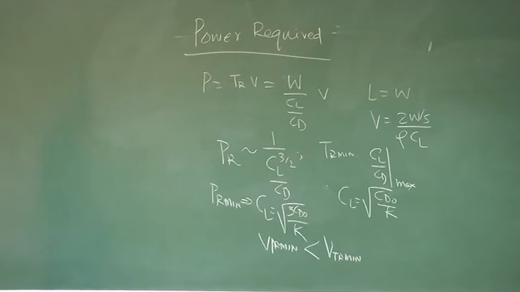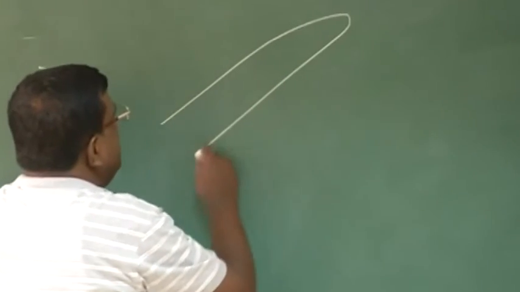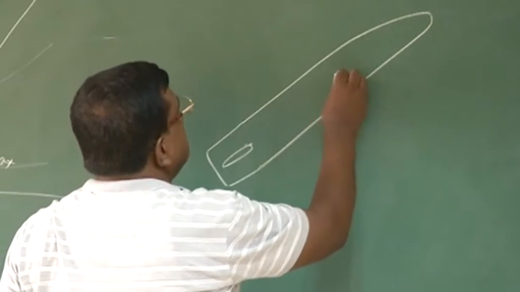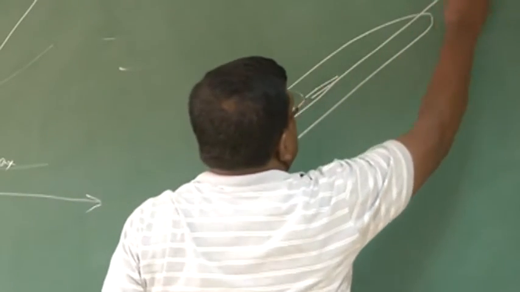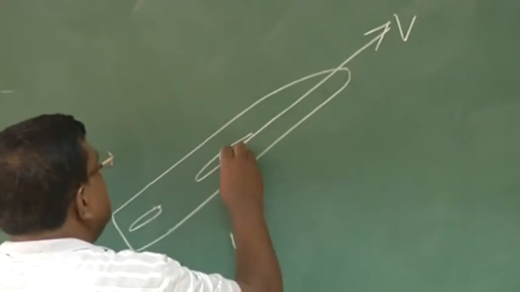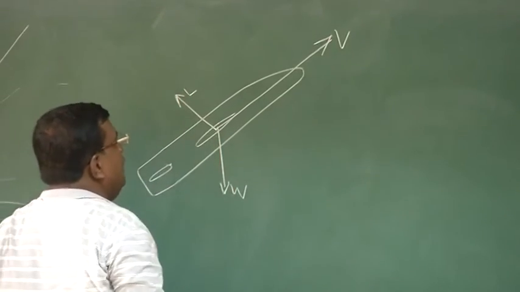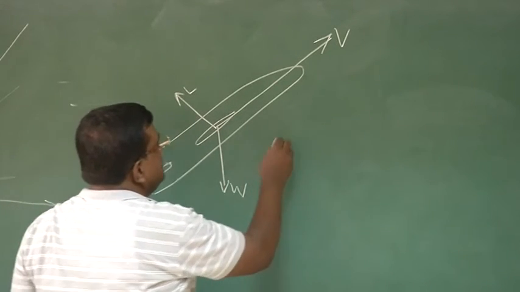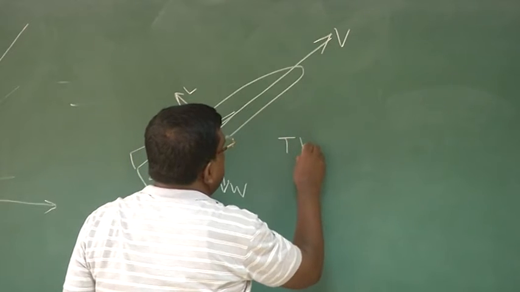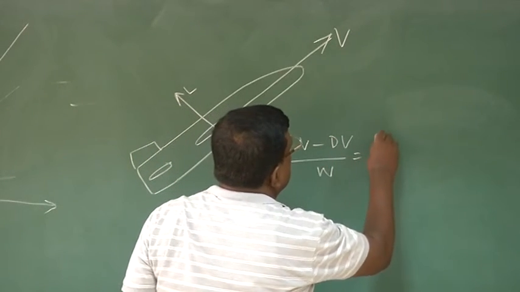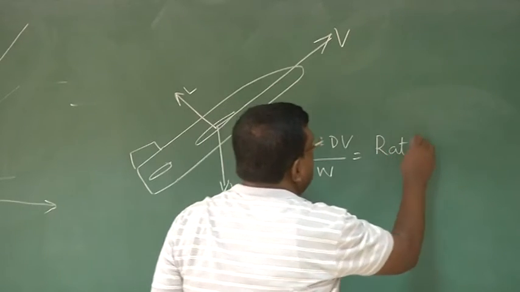Once we understood this, we also tried to see what happens if an airplane goes on climb, and there we also realize that the TV minus DV by W is the rate of climb.